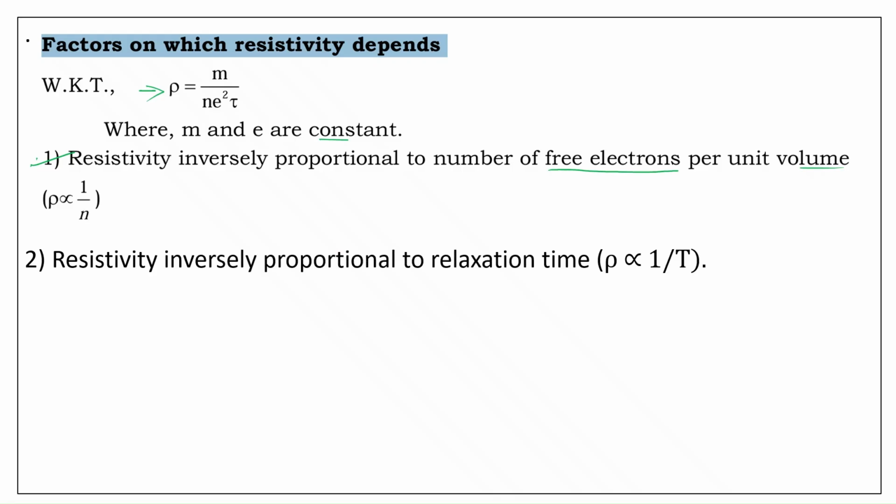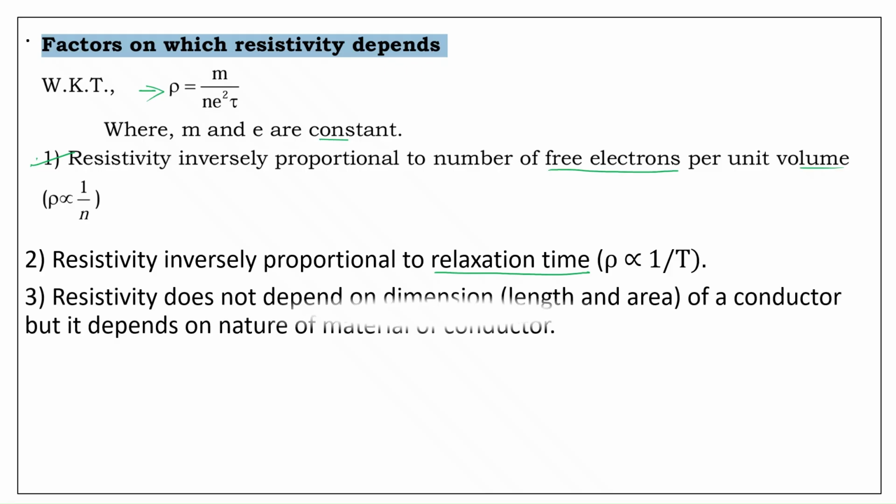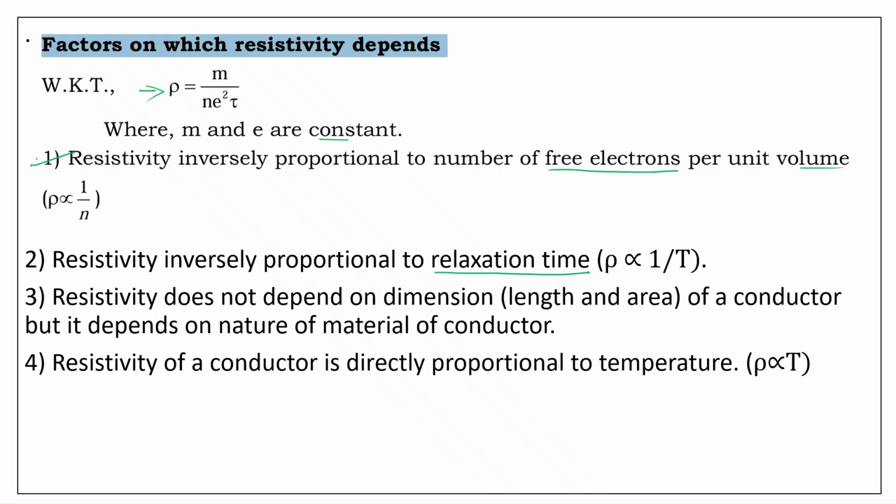Resistivity is inversely proportional to relaxation time, that is rho is proportional to 1 by tau. 3. Resistivity does not depend on dimension, length and area of a conductor but it depends on nature of material of conductor. 4. Resistivity of a conductor is directly proportional to temperature.